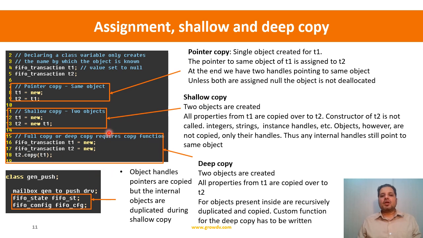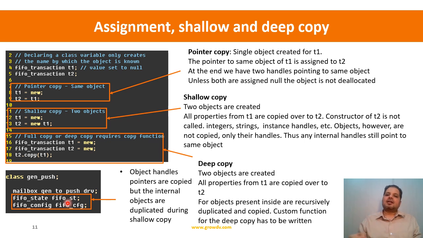Now if you truly wanted two objects and all the internal object handles to also have their own copy, then the way to do it is that you create two objects and then you call T2.copy of T1. In this case, we need to write a custom copy function within this particular class that goes through the class and identifies if there are any class handles.